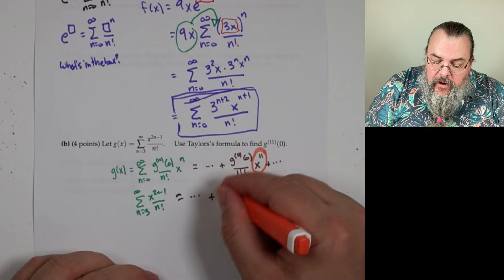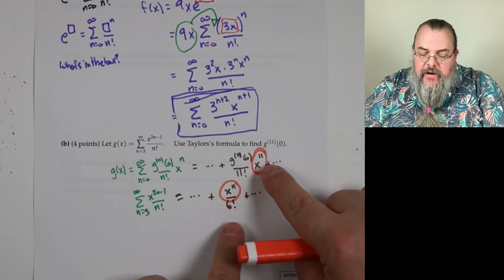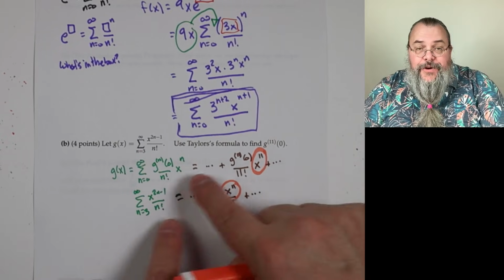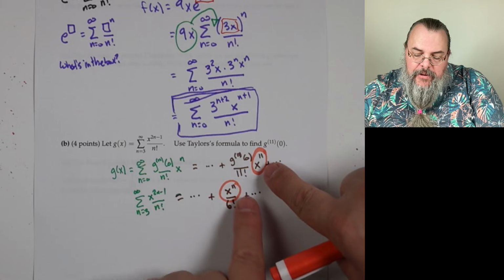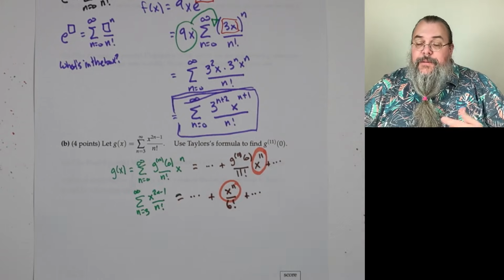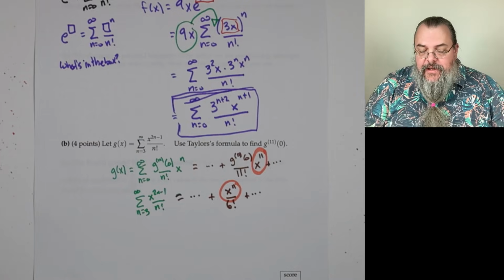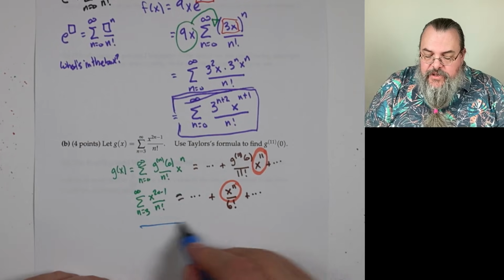And now we say, ooh, we're there. Because now we can compare these two big polynomials, and now that we see the x to the 11th terms, we have to have what's in front of them matching up. So our final thing is set the pieces in front equal to each other.